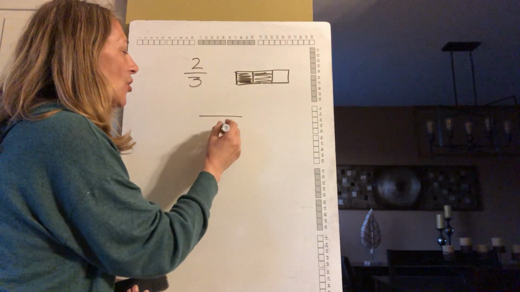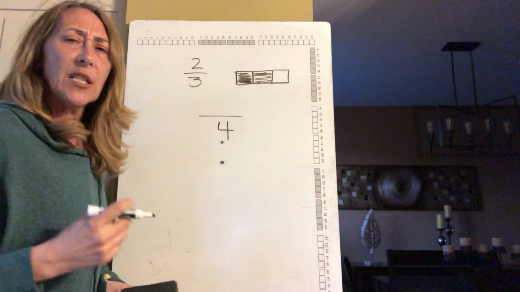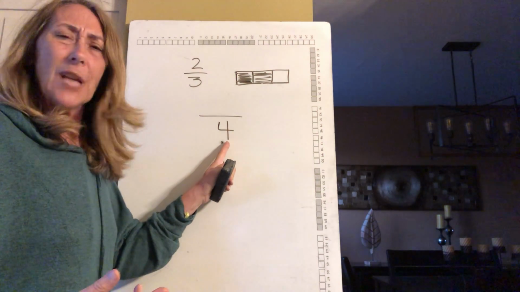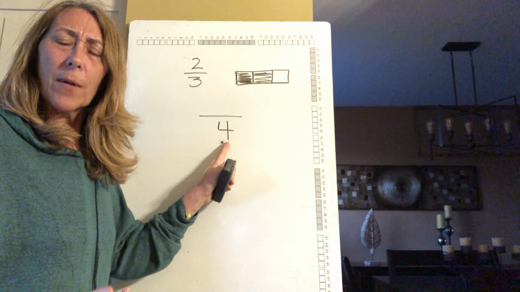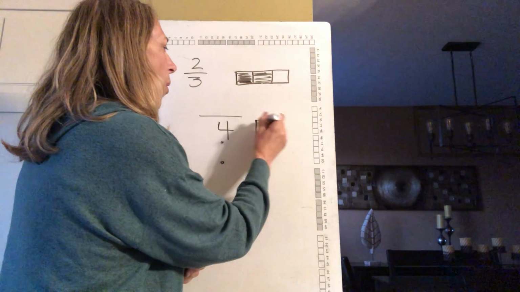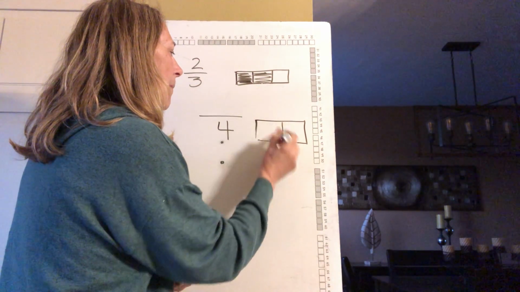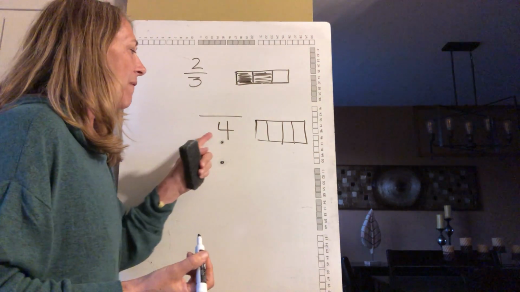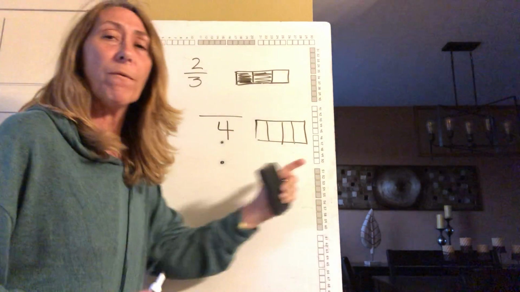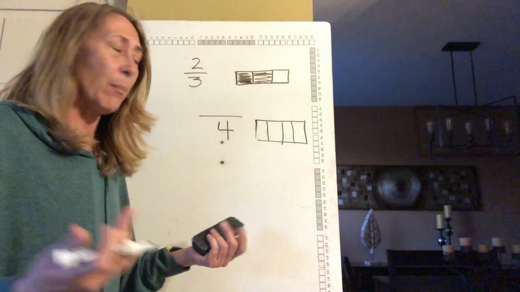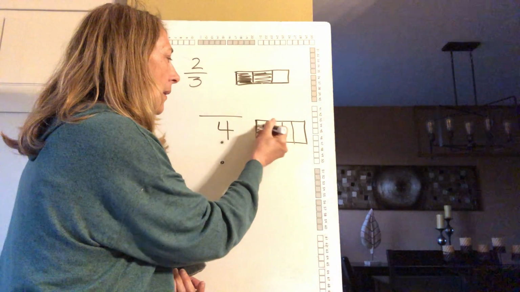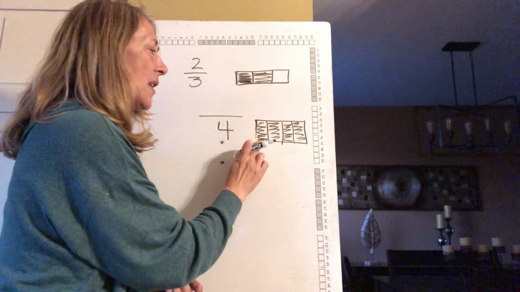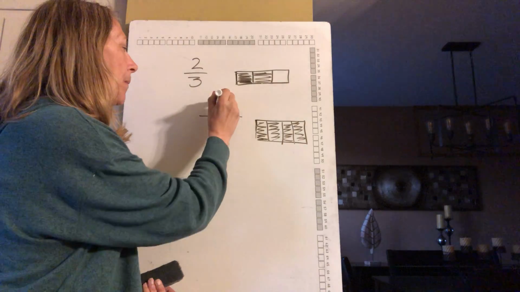Again, my fractions have a denominator on the bottom, a numerator on the top. Now my denominator tells me 4 equal pieces in a whole. Again, I'm going to do a fraction bar, and I'm going to split it into 4 pieces. If I want the whole fraction bar, which is a whole number, 1, 2, 3, 4, that's 4 pieces in the whole.